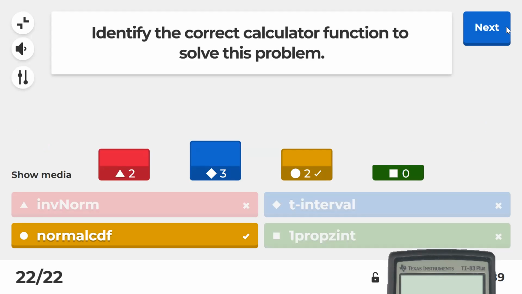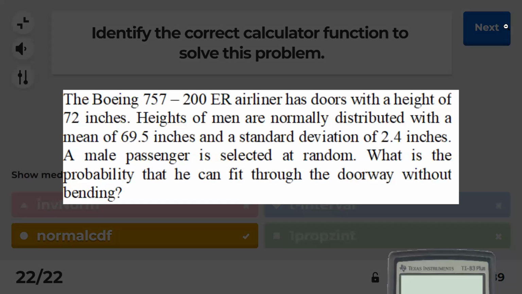Ooh, kind of all over the place. All right, let's take a look here. So this problem, our first thing is: is this talking about confidence intervals? As I read through it, I don't see anything that says confidence level or confidence intervals. So I'm going to say that this is not T interval, and this is not one prop Z int. It has to be either inv norm or normal CDF. Okay, so then it says, what is the probability?